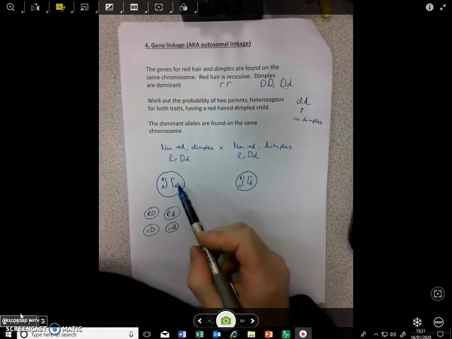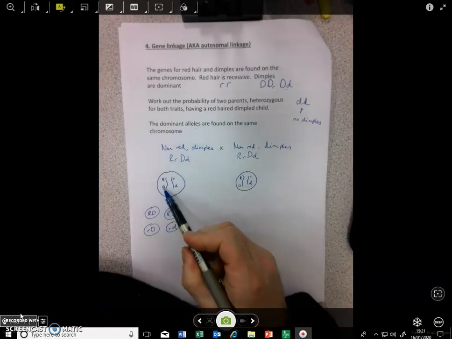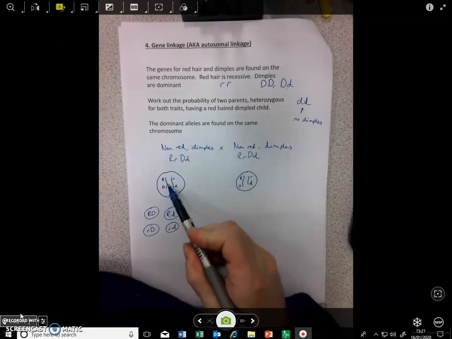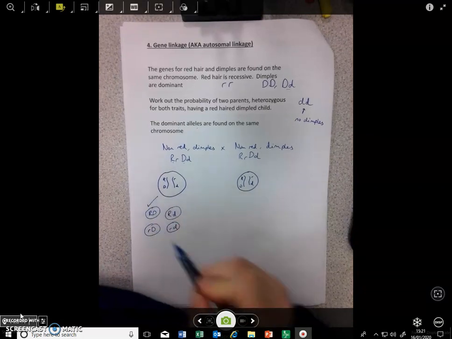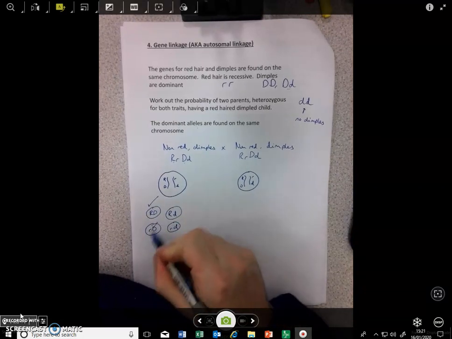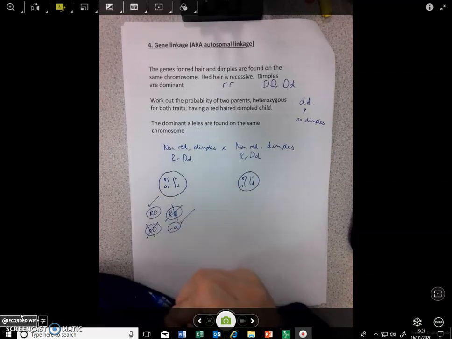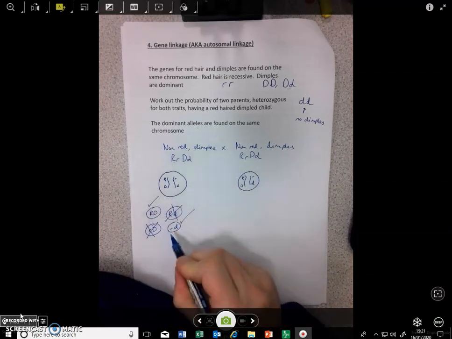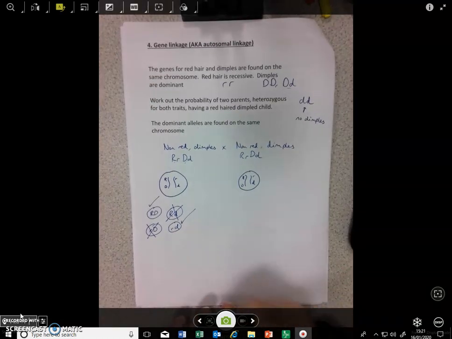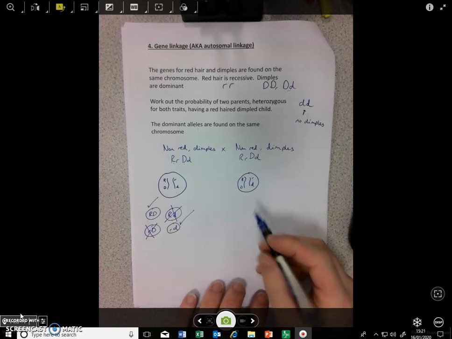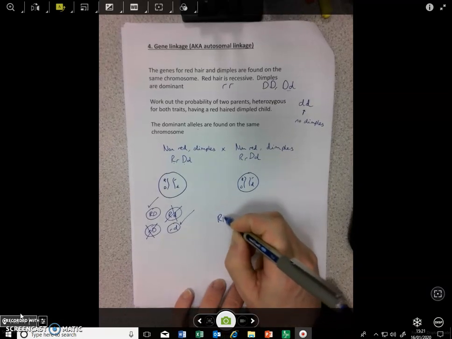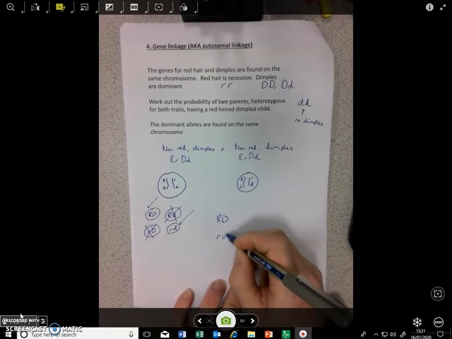But now, if you look, because the capital R and the capital D are physically attached, when we pull these chromosomes apart, we can make this gamete, but there's no way we can make that one or that one. We can, however, make this one. So we've effectively limited the variety of gametes that we're going to produce. So when you come to do your Punnett square, it's actually a lot simpler than it was for the dihybrid. You've only got 2 types of gametes from each parent.